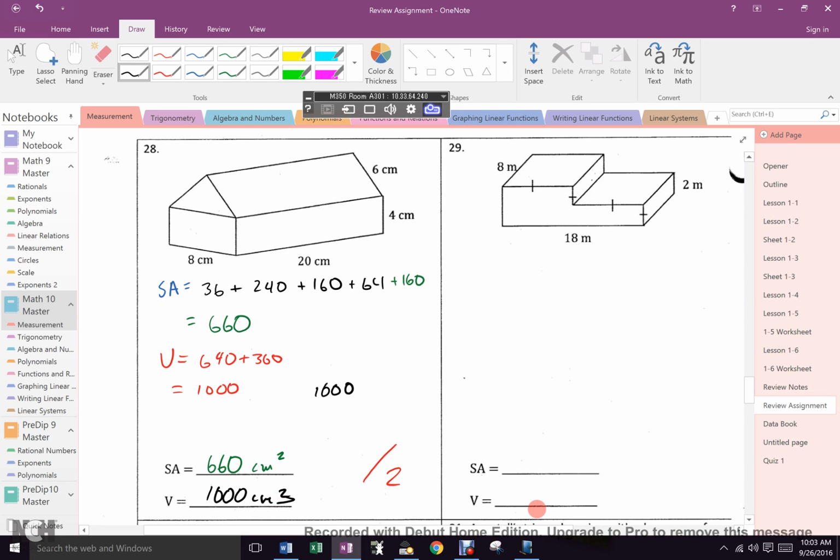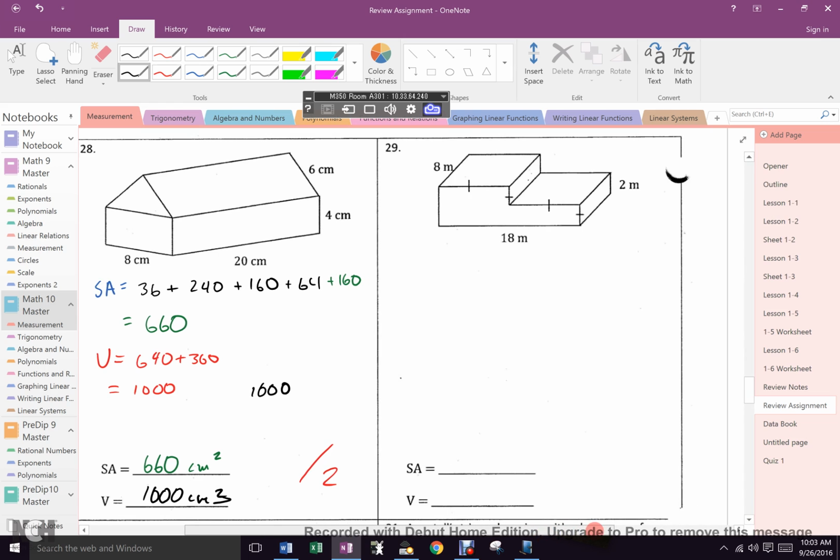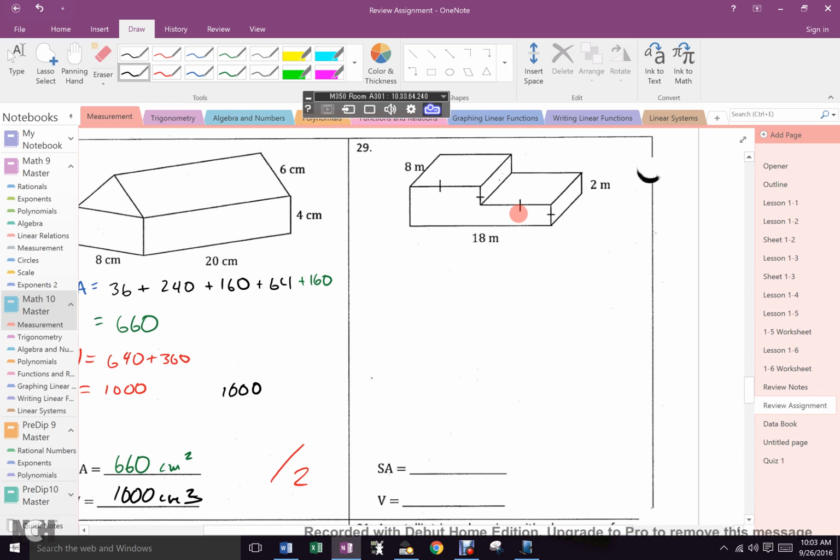Everyone's good? Okay. This one, I would do as a full prism for surface area, minus 2 times 9, minus 18, minus 18. That's what I would have done.